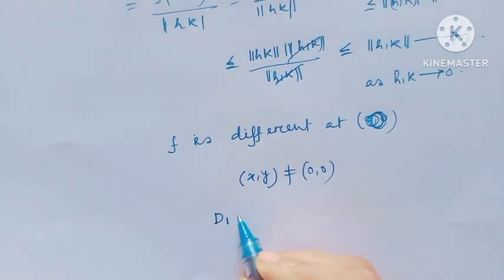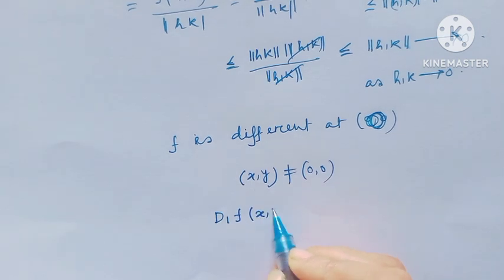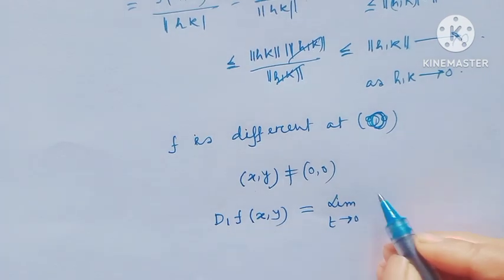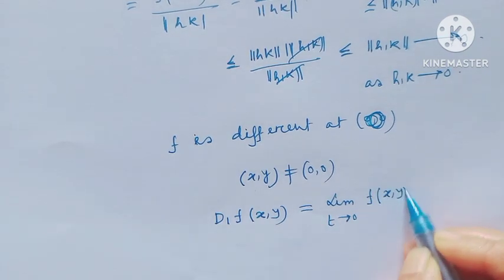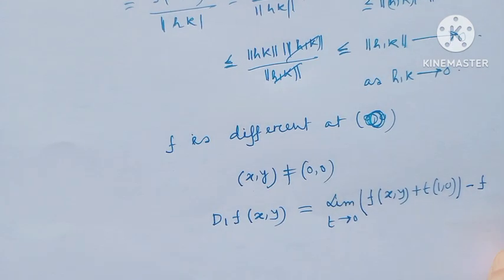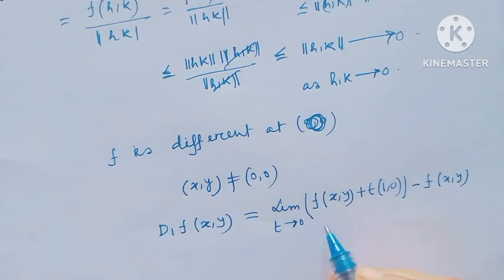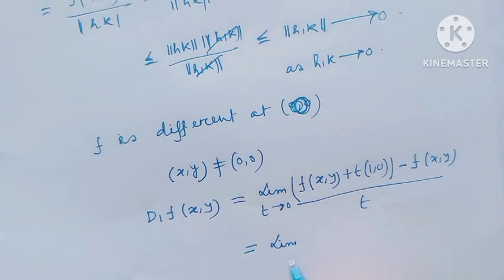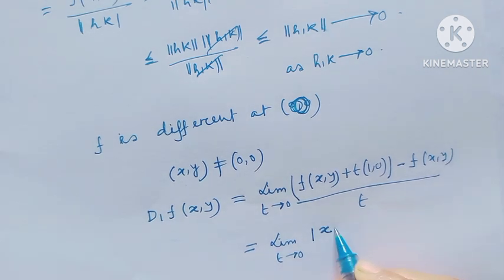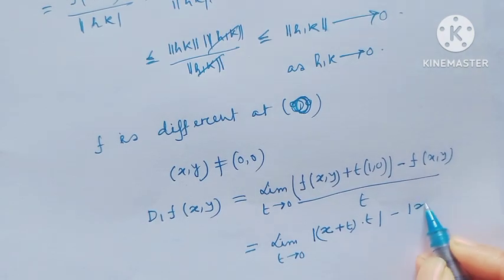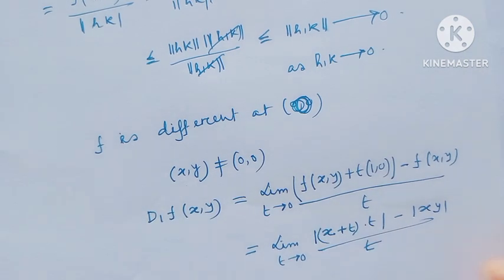Then the partial derivative of f at (x, y) is the limit as t goes to 0 of f of (x plus t, y) minus f of (x, y), divided by t, and this value would be the limit as t goes to 0 of absolute value of (x plus t) times y minus f of (x, y), meaning absolute value of xy, divided by t.